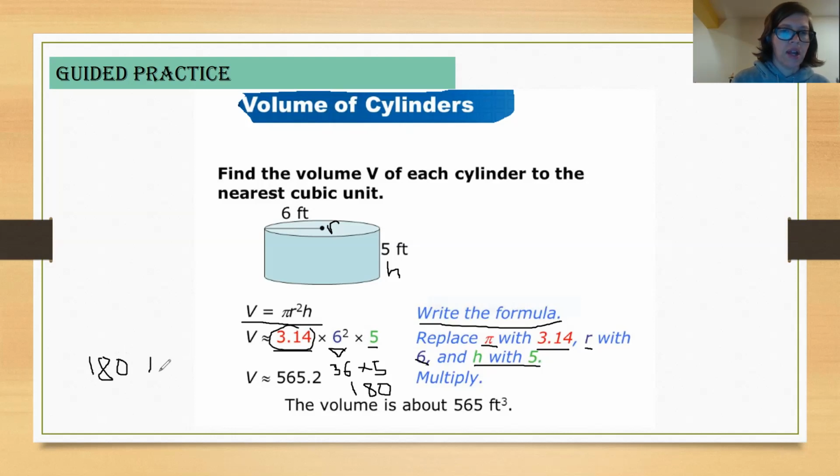So 180 times 3.14. And that should give you 565 cubic feet.